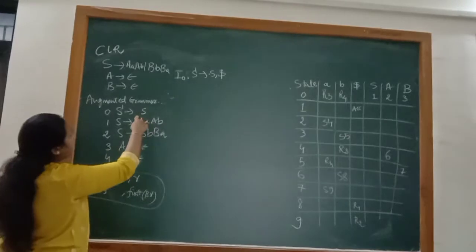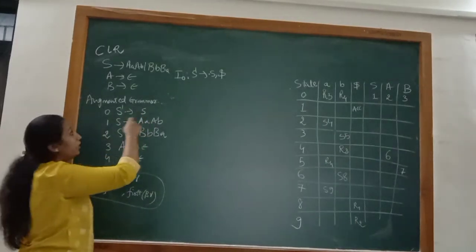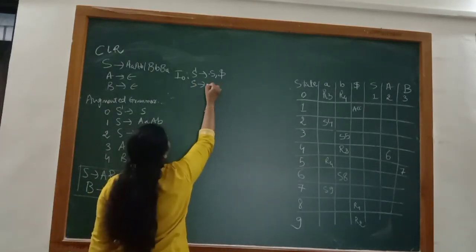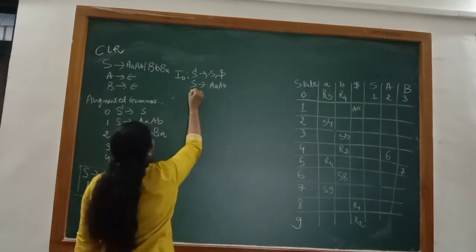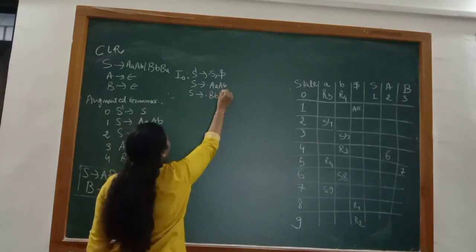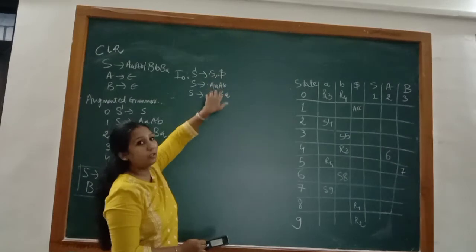Now we have a production of S, so include the productions of S, that is S to dot A B and S to dot B A. Here I have applied the closure operation.